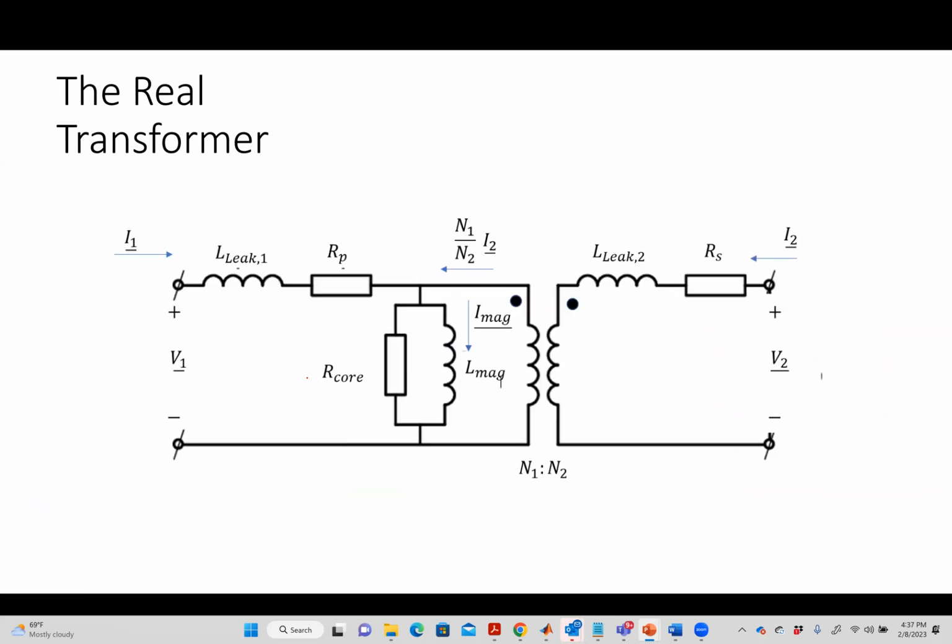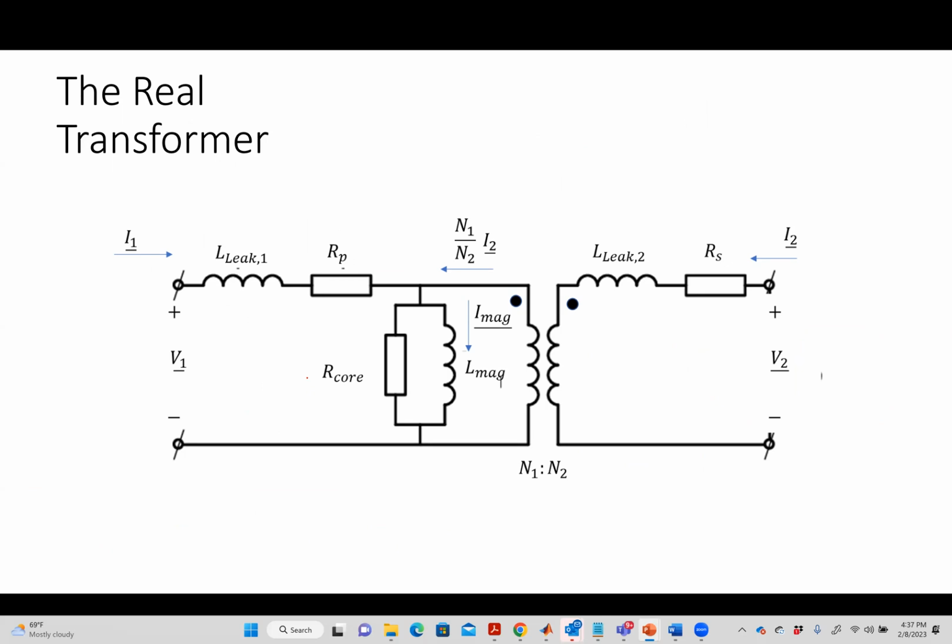So basically what I end up with is this. All right. And R1, or what I call RP and RS here, that's the resistance of the primary side, resistance of the secondary side. And then there's a resistance of the core. Now, the thing that we're going to find out as I go through this is LMAG and R core are going to be big.